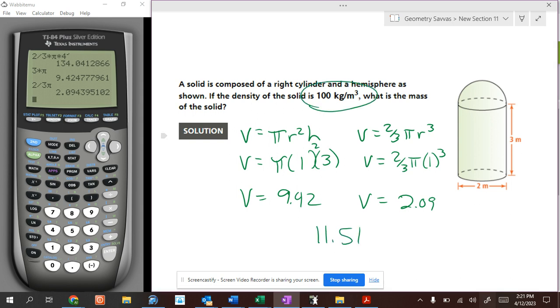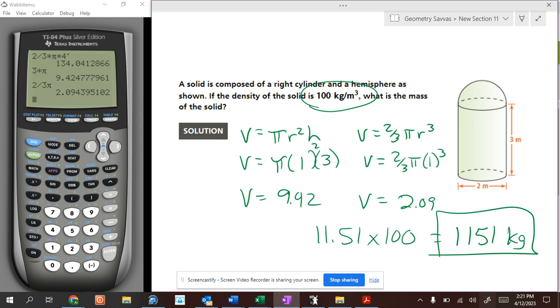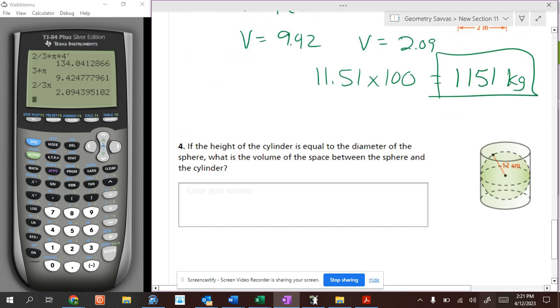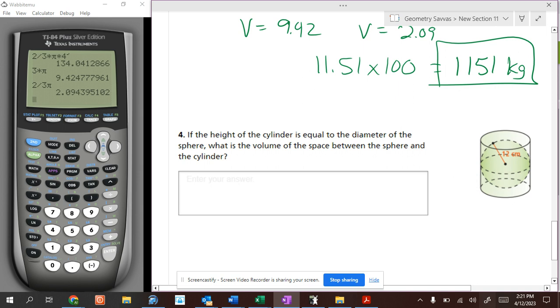And then if we take that times 100 kilograms per cubic meter, because that's how many cubic meters we have, we get 1,151 kilograms of corn silage. Okay, well, guess what? I have one problem left. Then I'll come help you.